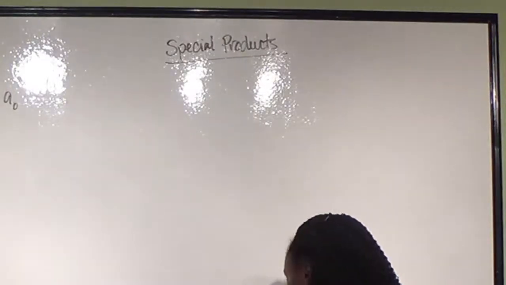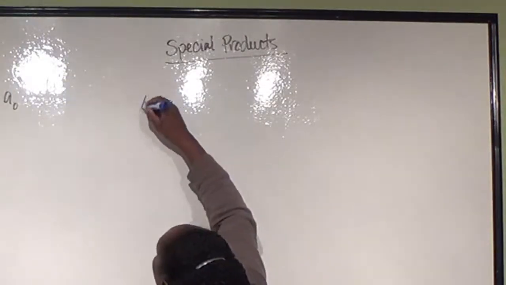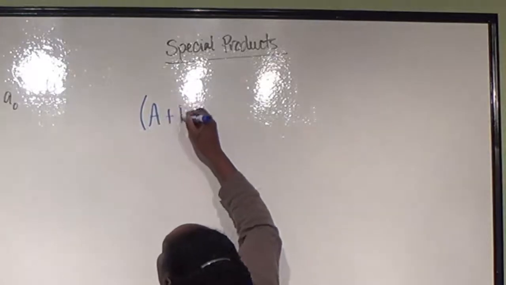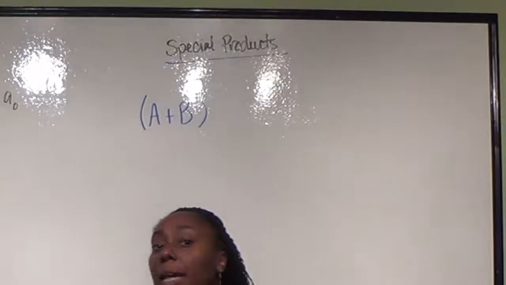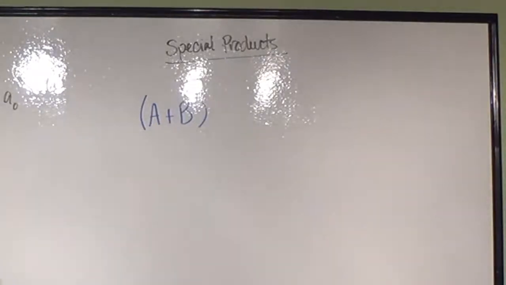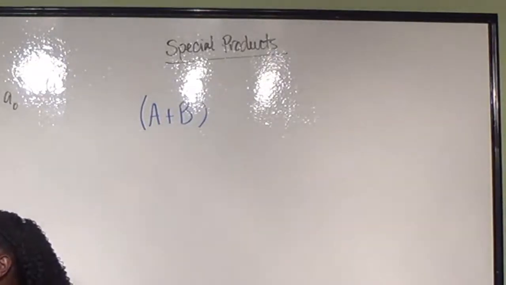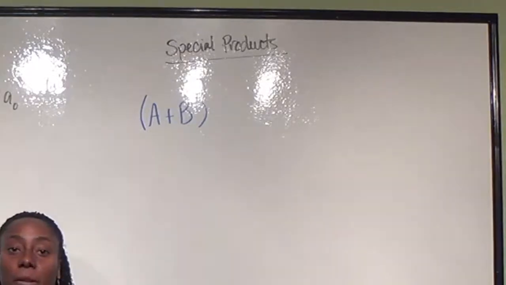So our first one says that if I have A and B, which are some expressions, I'm just going to use A and B now, but A could be something like 2x and B could be 3. Or A could be 4x squared and B could be 5x.